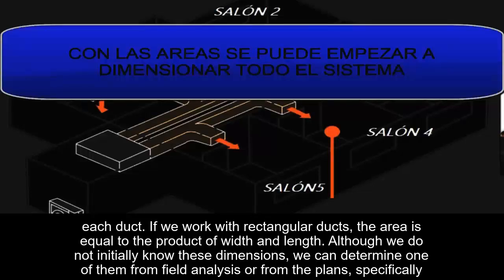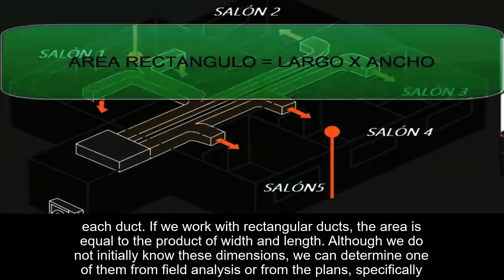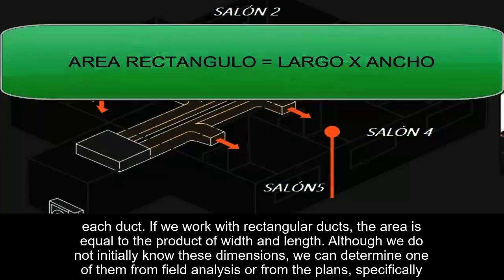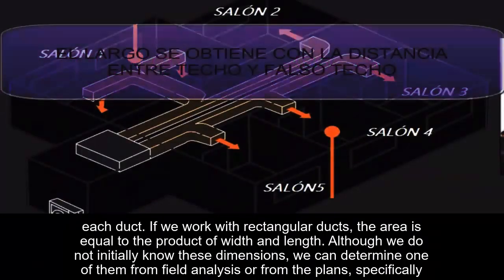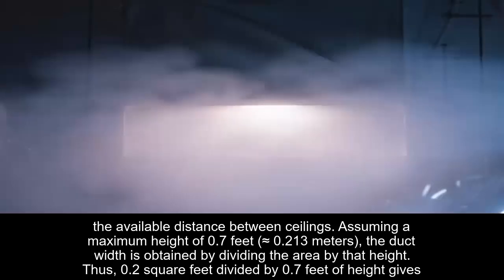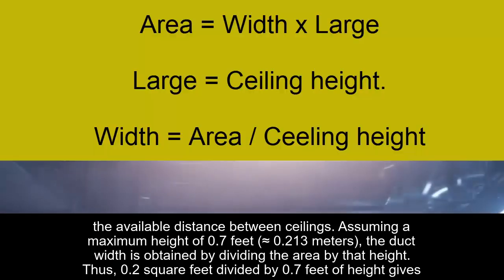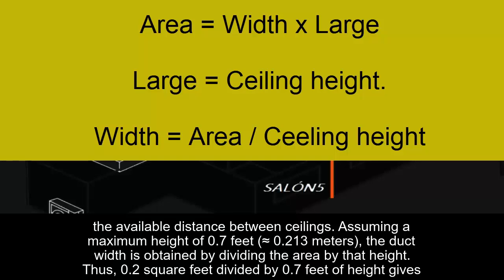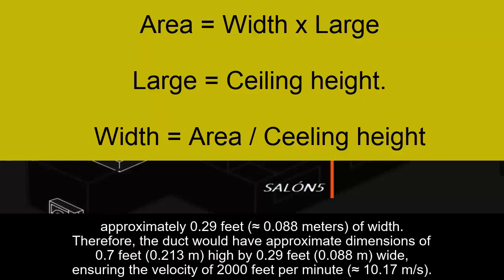If we work with rectangular ducts, the area is equal to the product of width and length. Although we do not initially know these dimensions, we can determine one of them from field analysis or from the plans, specifically the available distance between ceilings. Assuming a maximum height of 0.7 feet, nearly 0.213 meters, the duct width is obtained by dividing the area by that height.